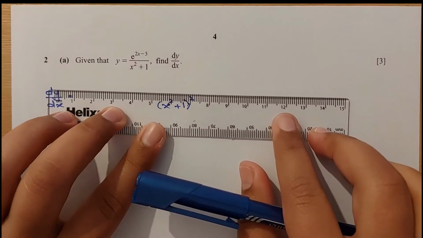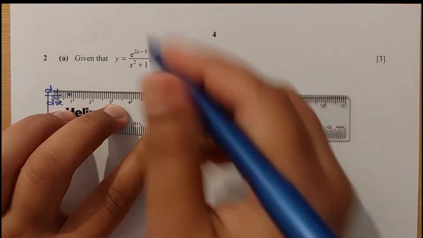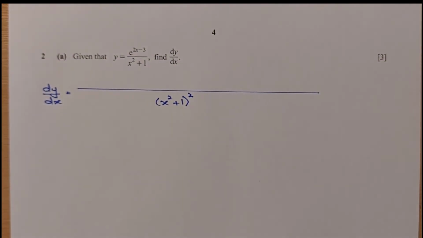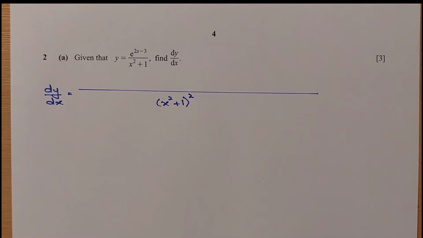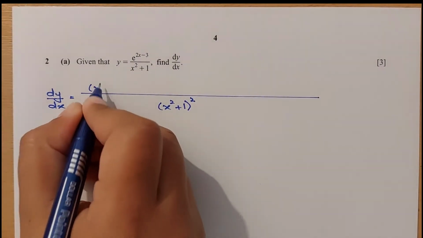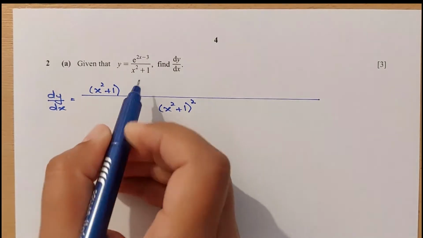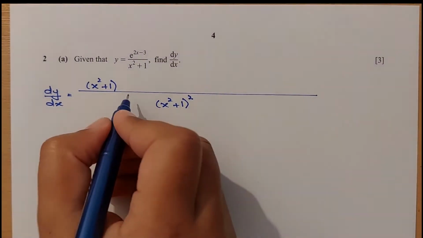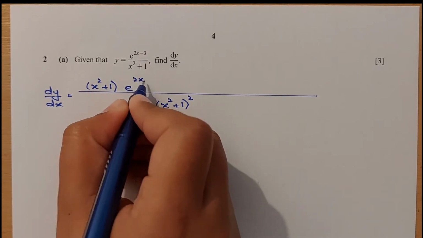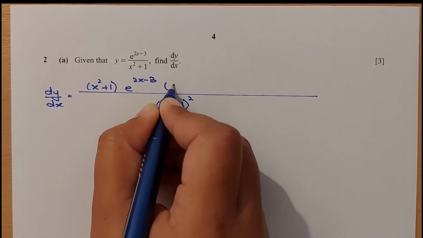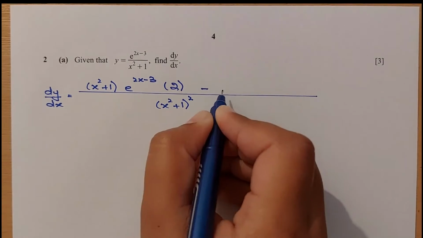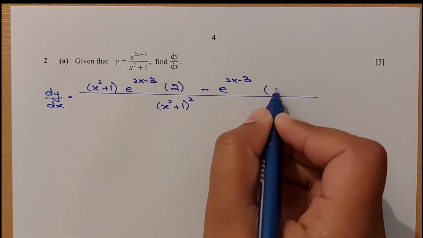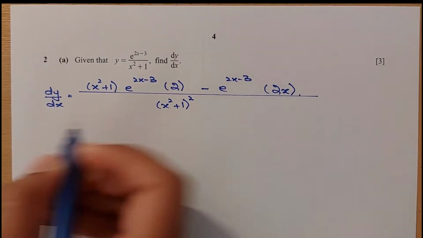And for the numerator terms, first we write down the denominator term, x square plus 1, times the derivative of the numerator. The derivative of the exponential function is e power 2x minus 3, and the derivative of 2x minus 3 is just 2. Minus the numerator term times the derivative of the denominator, which is just 2x, right?